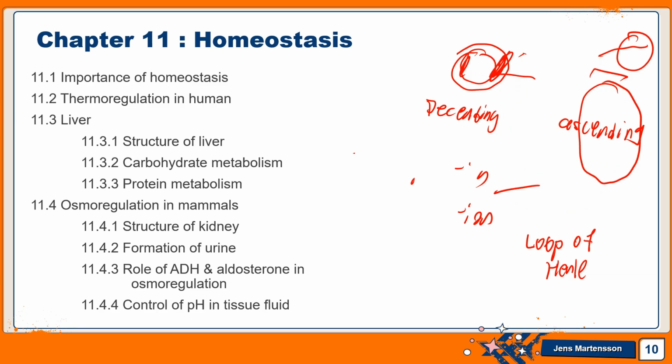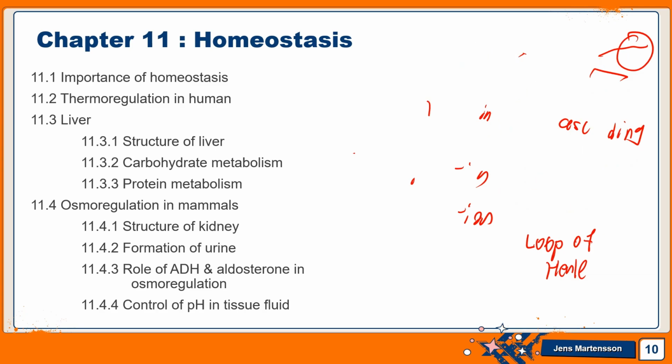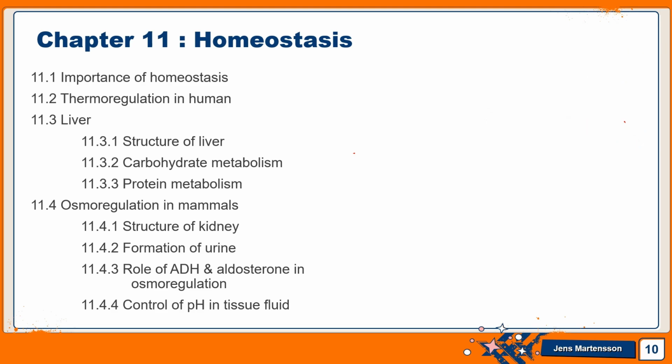Another part is about the role of ADH and aldosterone in osmoregulation. This one you also learned in SPM, but in STPM you will learn more detail about the action, what action ADH and aldosterone do in osmoregulation.